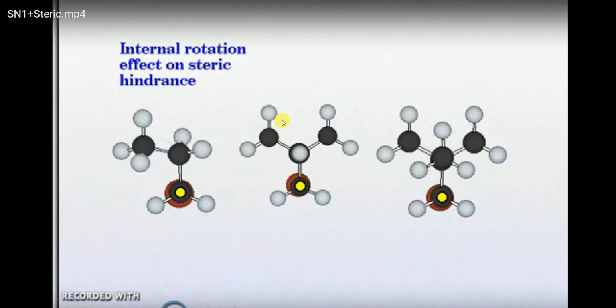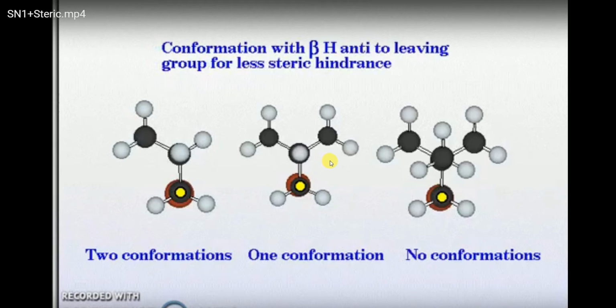So there's an internal rotation over here. Effect on steric hindrance: some conformation of beta hydrogens tied to the leaving group gives less steric hindrance. So this has two conformations. This has one conformation. This has no conformation over here. You can really tell because of the type of projection.